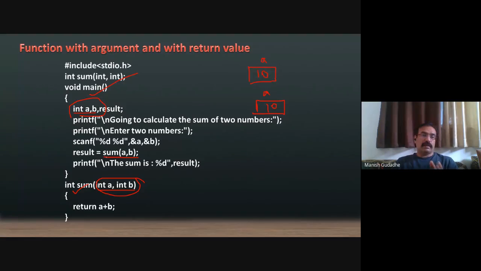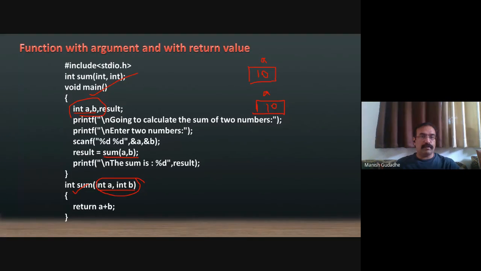It must return a value, so we need to define a container which will hold that value. So result is the container for it. While calling a function, we need to be very clear about the declaration of the function, what signature it is following. That signature we need to follow.